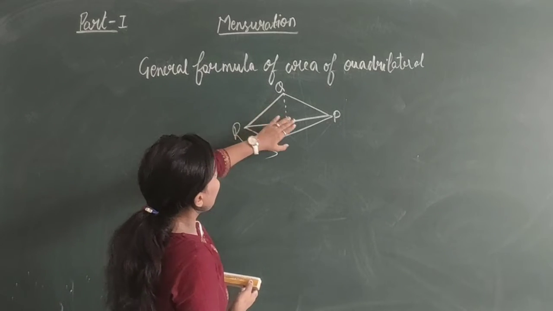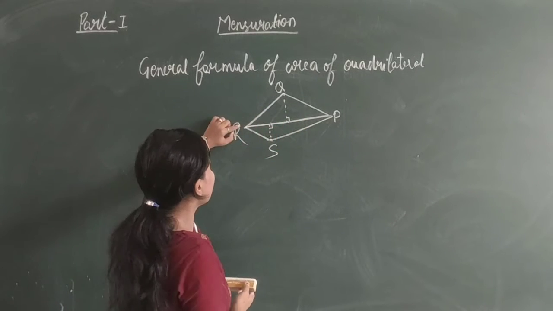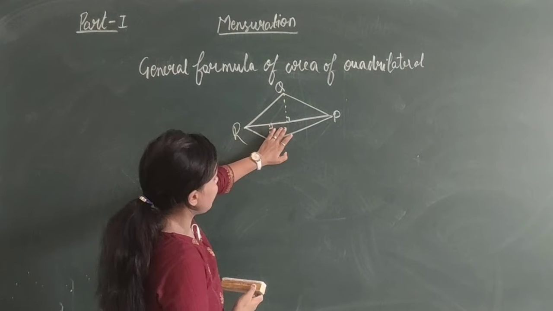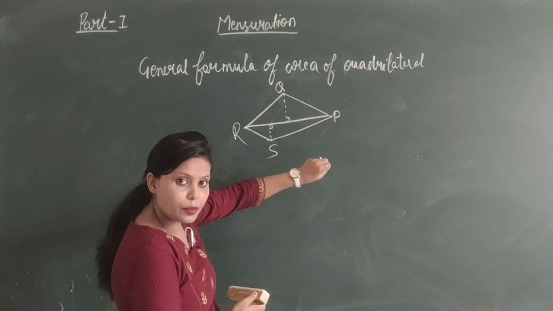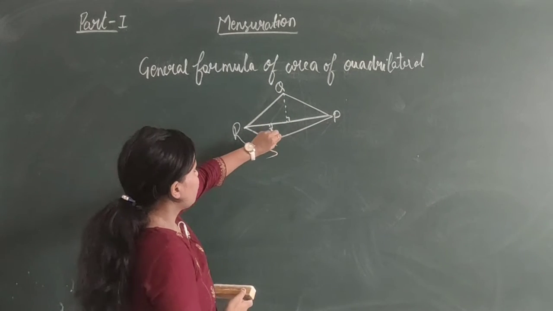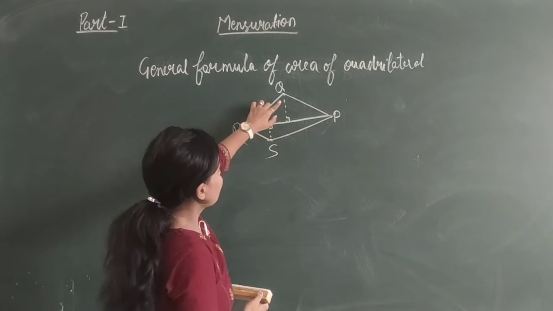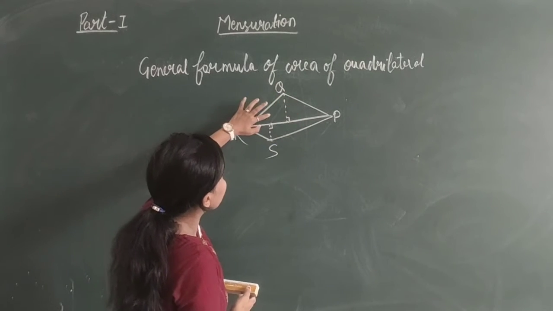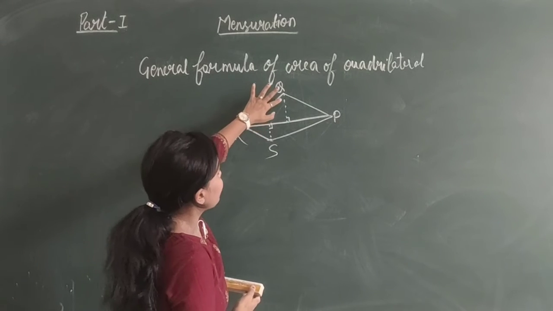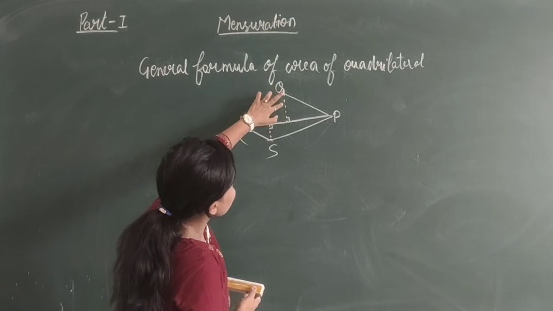So if I find the area of this triangle and this triangle, and add up both, I will get the area of this quadrilateral, right? For finding the area of the triangle, I need this height.